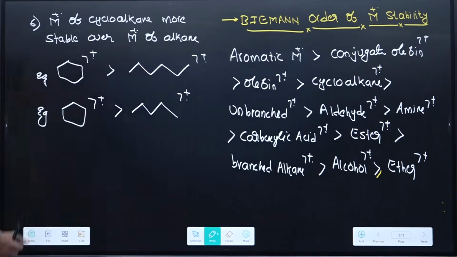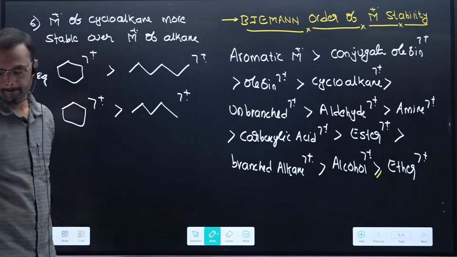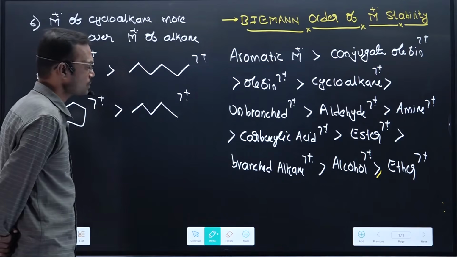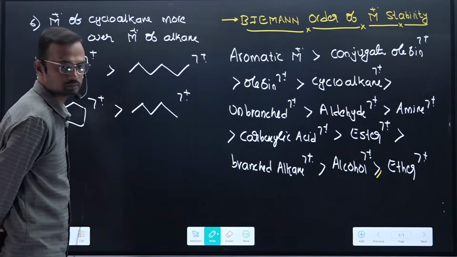You remember this order: carboxylic acids, esters, branched alkane, then alcohol and ether.